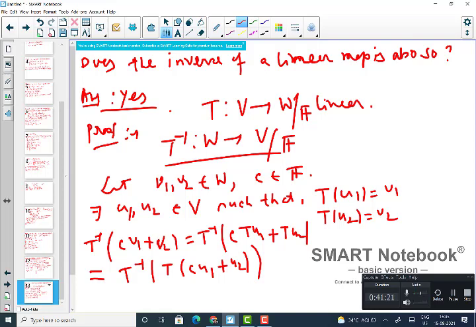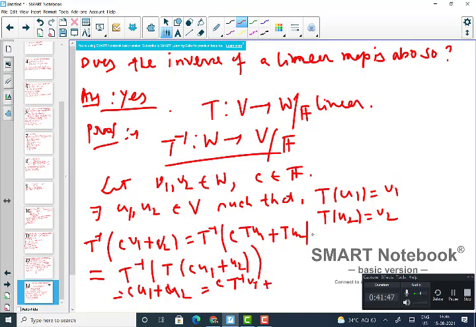Now the property of invertible maps tells you that T inverse T is nothing but identity. So that gives you identity here. So you will have C U1 plus U2. But what is U1? U1 is nothing but T inverse of V1.